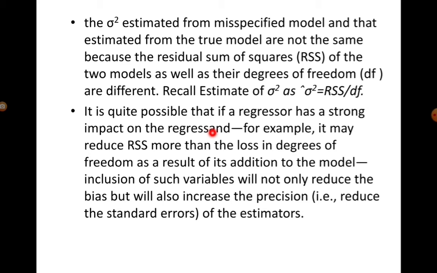So it is the unexplained part of the variance. So if a particular regressor has a very strong influence on the regressand, meaning the y variable, it is possible that it will have a large or important contribution towards reducing the residual sum of squares.